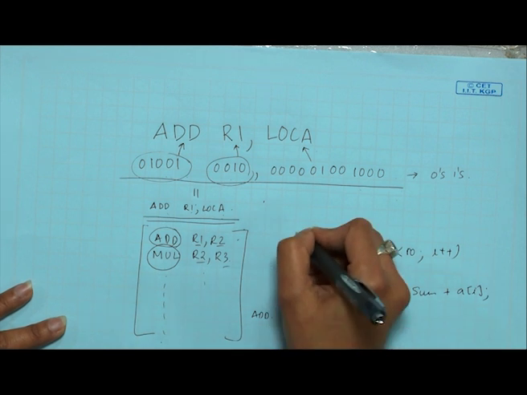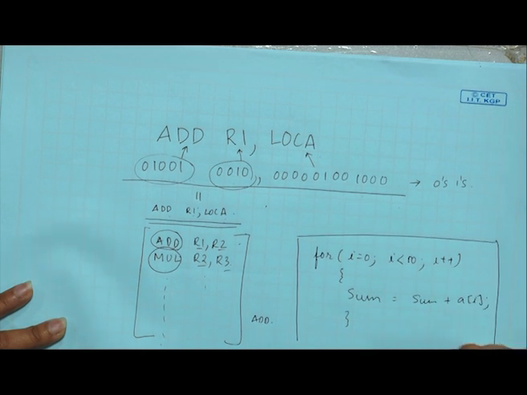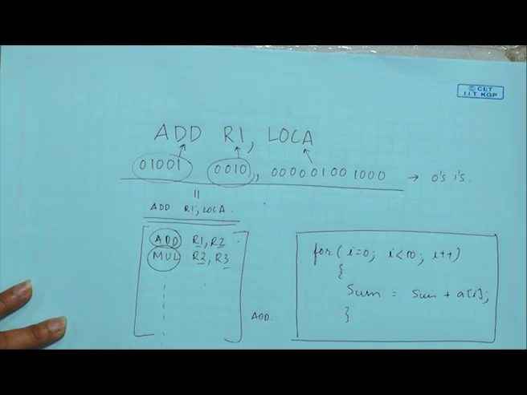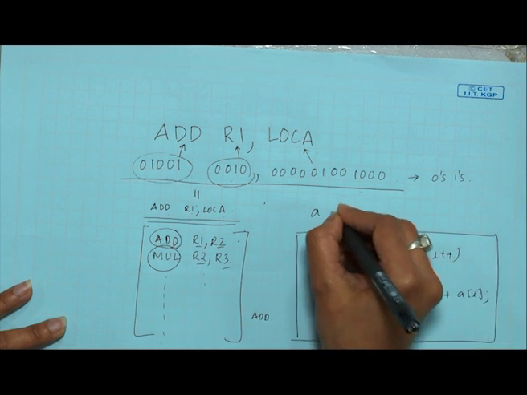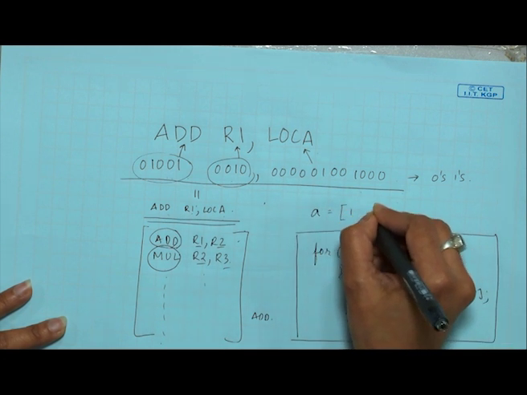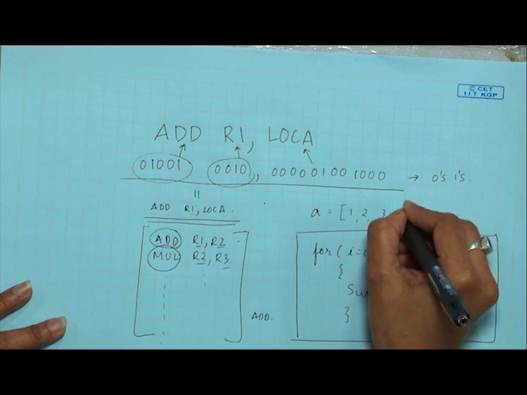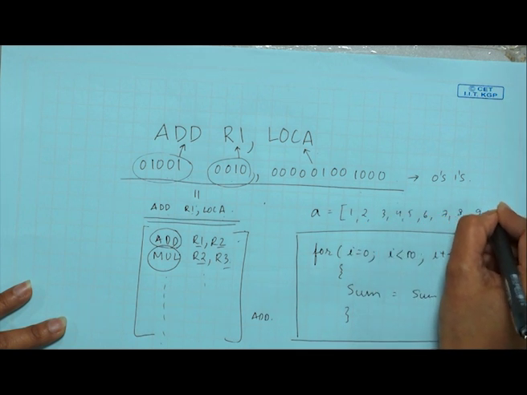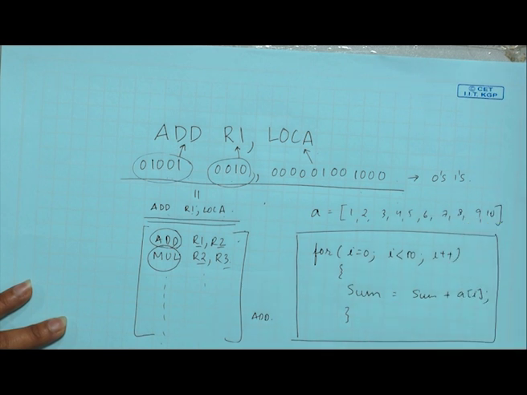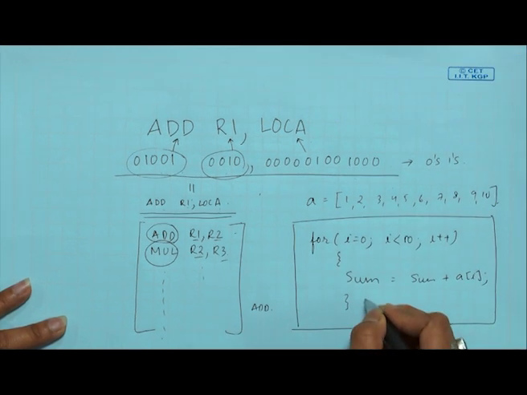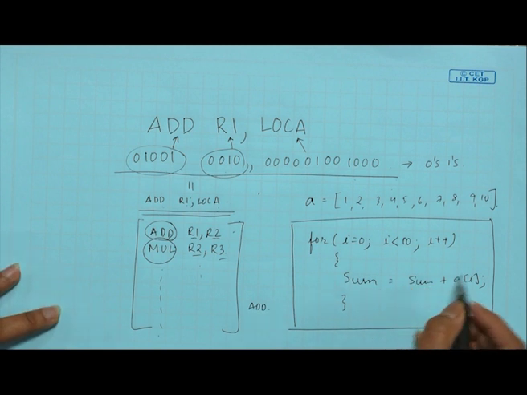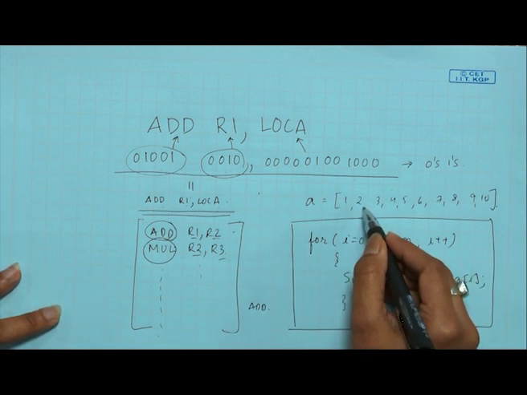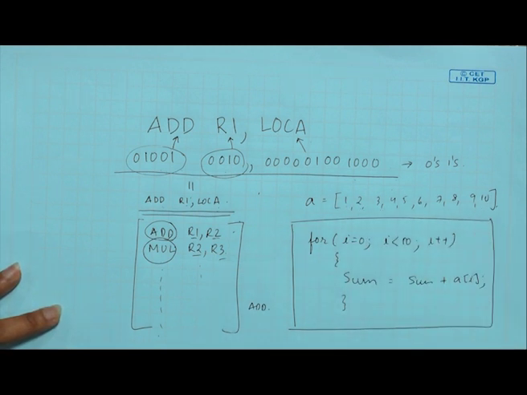But this is a representation in a high level language, where A is an array which consists of some values, and I uses a for loop to add these values 1 plus 2 plus 3 up to 10.